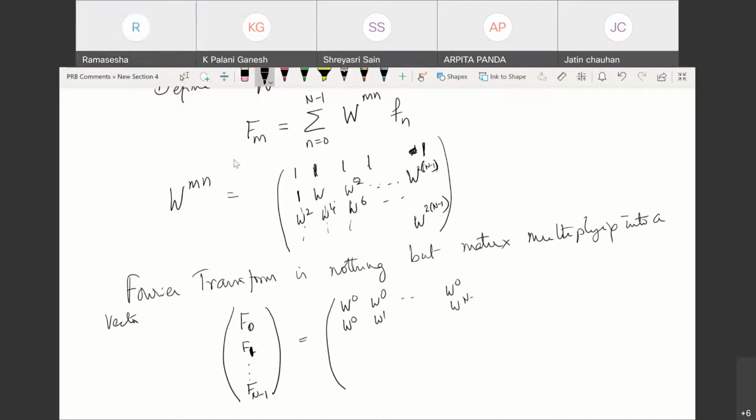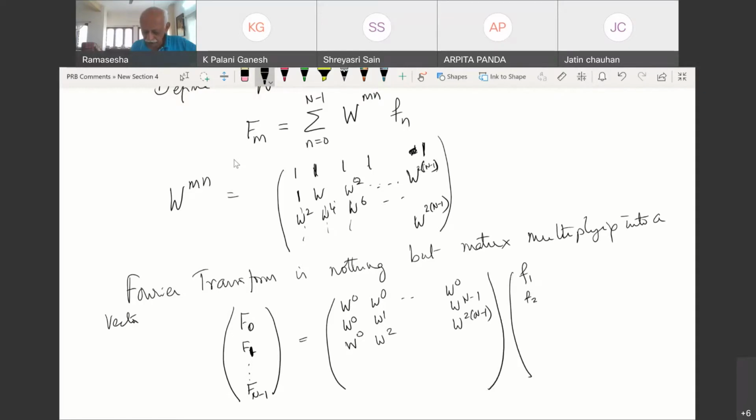And then I have another row, W0, W squared, up to W to the power 2 times n minus 1, and so on and so forth, which is multiplying into F1, F2, F3, up to Fn.